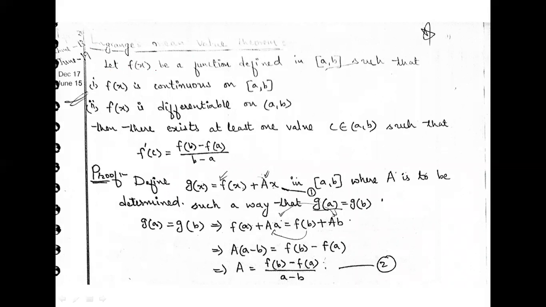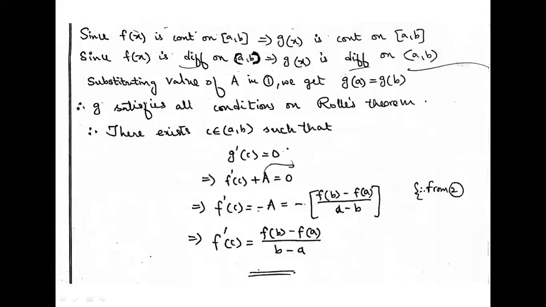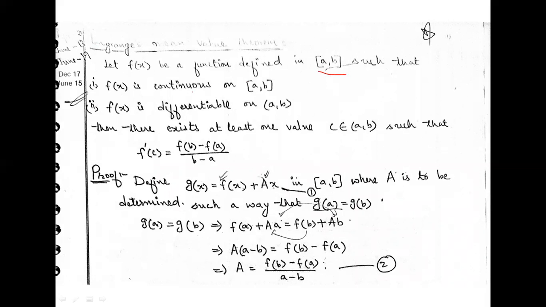Let f of x be a function defined on the closed interval a comma b such that f of x is continuous on the closed interval a comma b and differentiable on the open interval a comma b. It is just like Rolle's theorem: continuous on the closed interval a comma b, differentiable on the open interval a comma b. These two are the same as in Rolle's theorem.